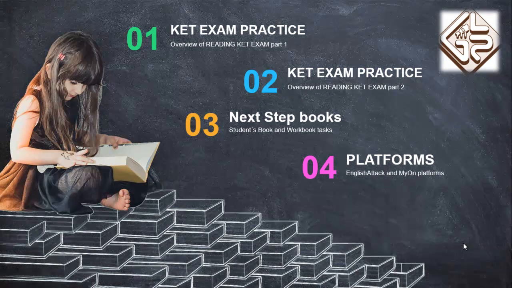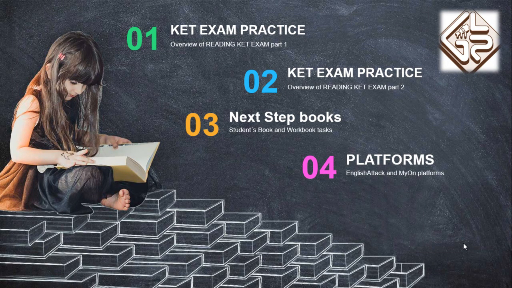Second, we have the overview of the reading part 2 from the same exam. And third, we have next step books. It's all about what you have to complete with your books. And finally, we have platforms.